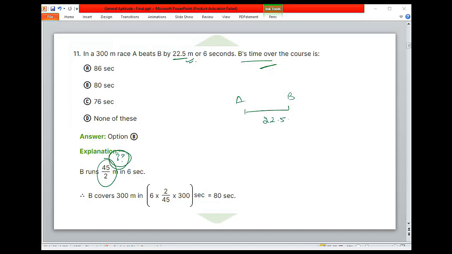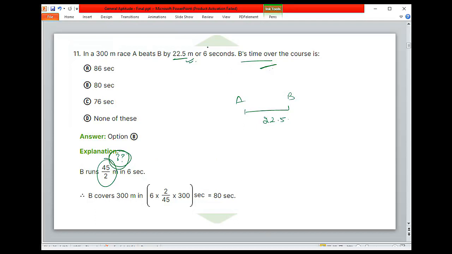Okay, Sritama, 45 upon 2, that is 22.5. Okay, then it's correct.